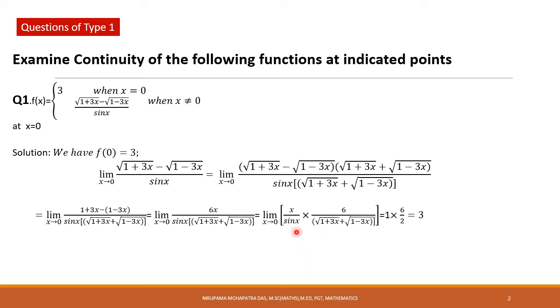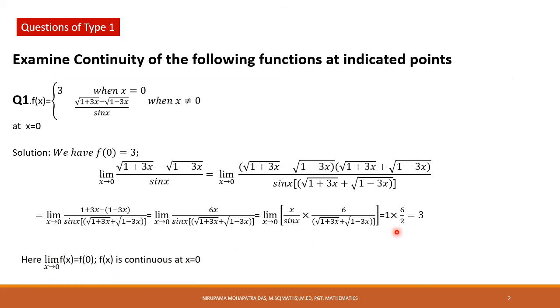Here, limit x approaches 0 of x by sin x, where x is measured in radians, becomes 1, and in this part you can put the value directly, so you get 6 by 2. So the limit of the function as x approaches 0, we are getting 3.